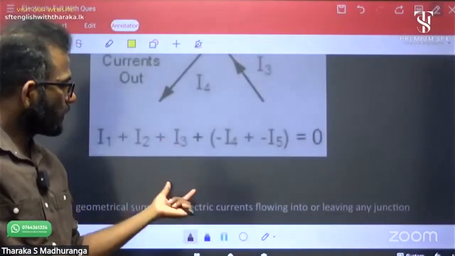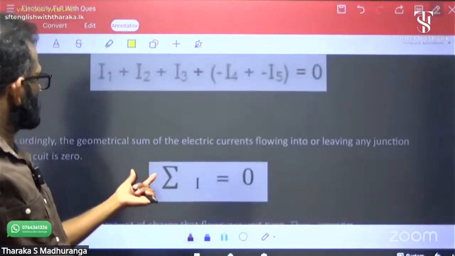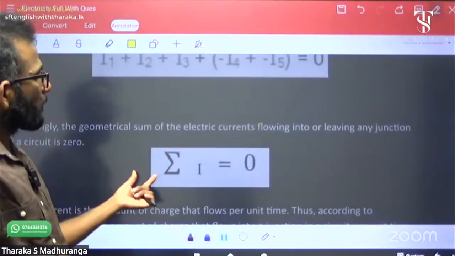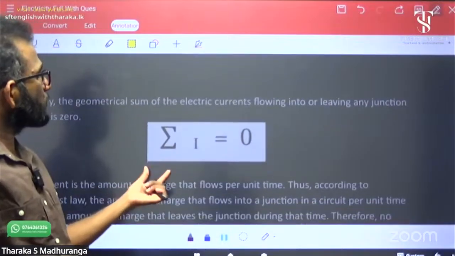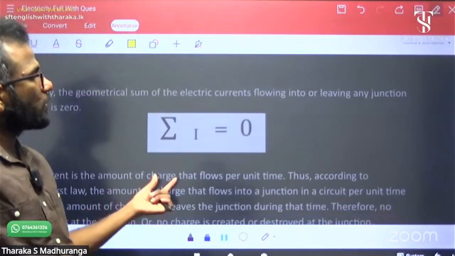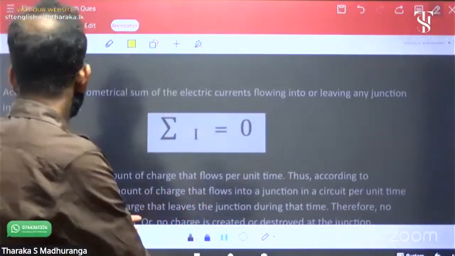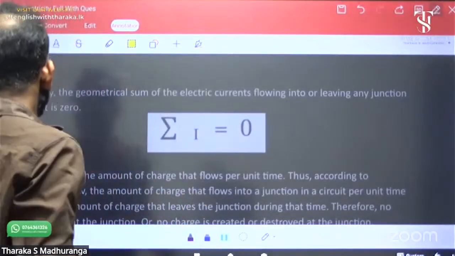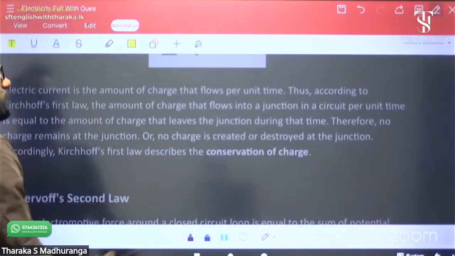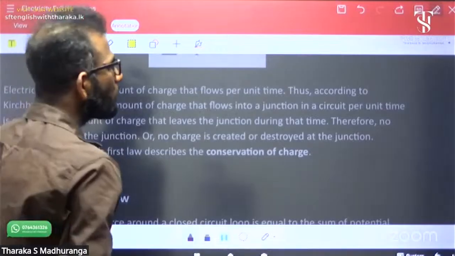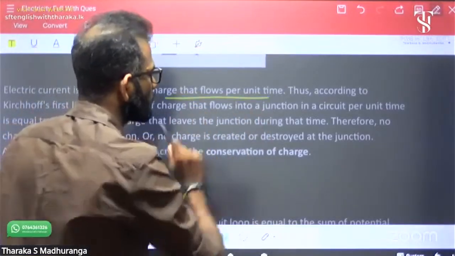Okay, the same thing is given here. According to the geometrical sum of electric current flowing into or leaving any junction, it is zero. Electric current is the amount of charge that flows per unit time, that we already discussed.